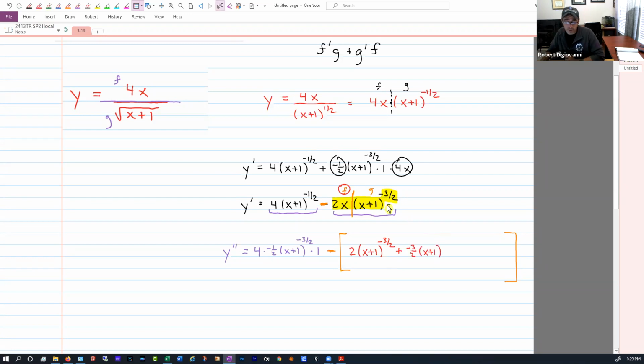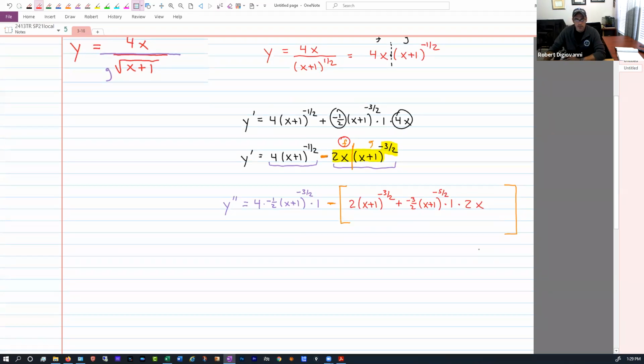Now I have to subtract 1 from that again, so negative 5/2. Then take the derivative of what's inside of it, which is 1. And then finish off the product rule by hitting it with f, which is 2x. And that is the derivative, second derivative, I should say.